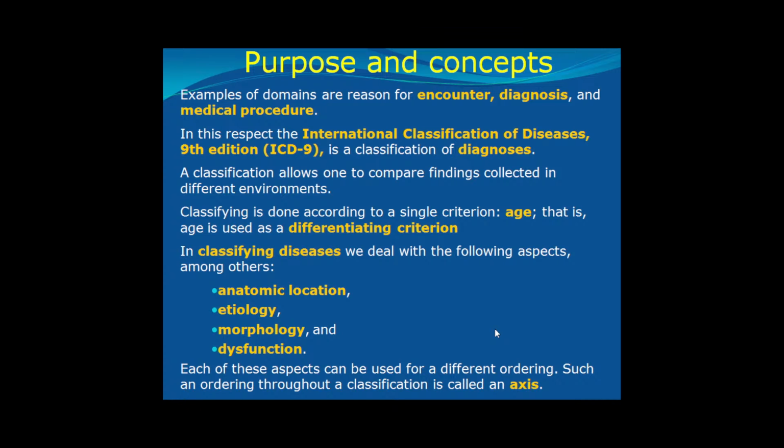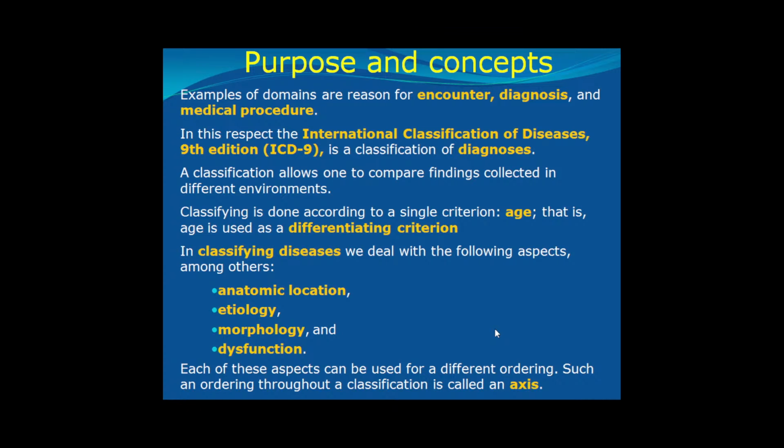A classification allows one to compare findings collected in different environments. Classifying is done according to a single criterion, for example age, that is, age is used as a differentiating criterion. In classifying diseases, we deal with the following aspects among others: anatomic location, etiology, morphology, and dysfunction. Each of these aspects can be used for a different ordering.